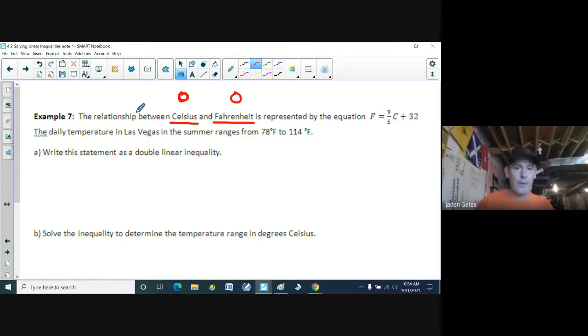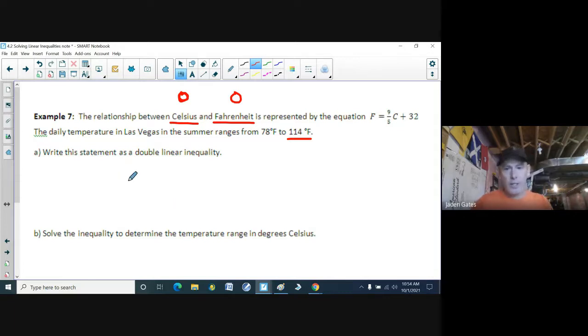It's kind of cool. Now, the daily temperature in Las Vegas, I believe this is true, I did my research here, ranges from 78 degrees Fahrenheit to 114 degrees Fahrenheit. And I've experienced 114 degrees Fahrenheit in Las Vegas, in the bottom of the Grand Canyon. Now, it says, write this statement as a double inequality.